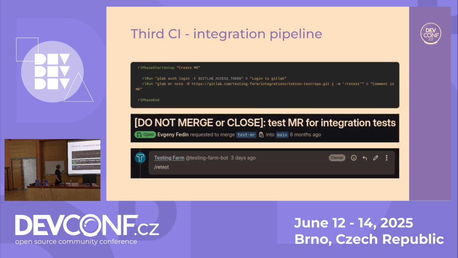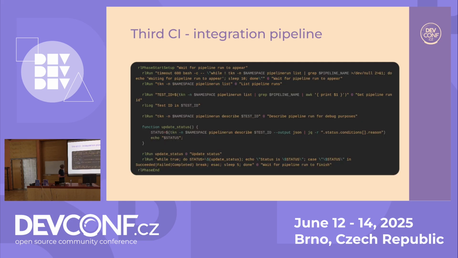And third CI. Finally now we can test our changes, but first we need to trigger it. So we authenticate to GitLab and put the command retest to our mock merge request. And as soon as Smee receives the event, Konflux CI builds the container and kicks off the integration pipeline.